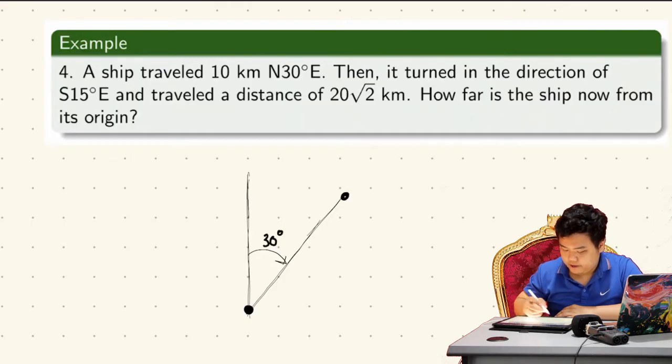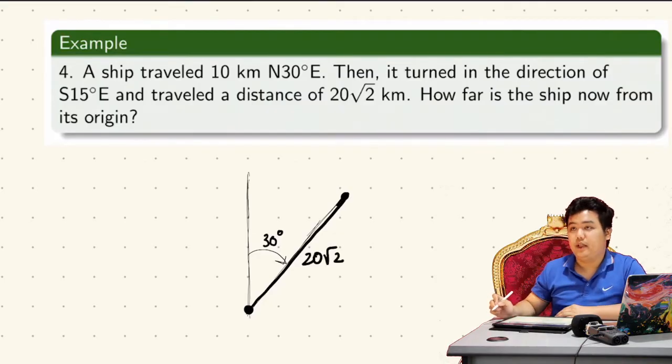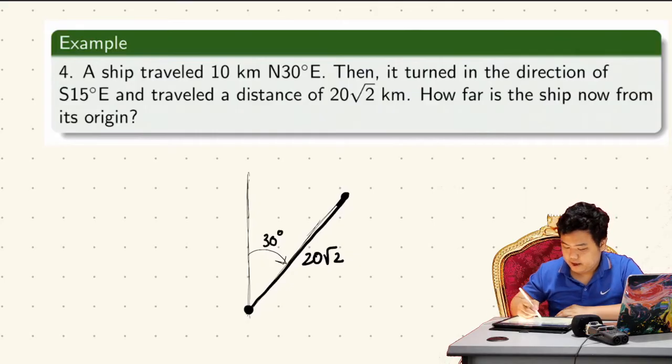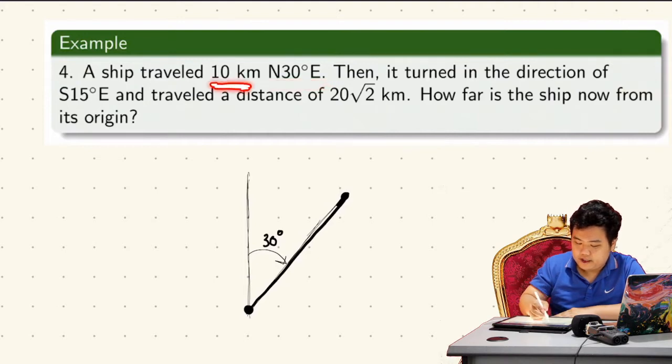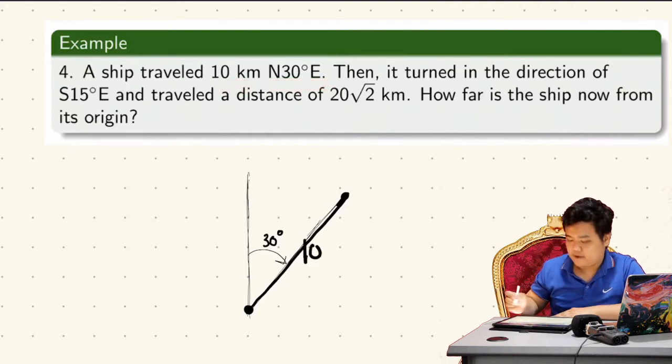And then, nandito na siya. Nag-travel daw siya ng 20 square root of 2 kilometers. And from here, nag-change siya ng direction. Naging ganito siya. Sorry. 10 kilometers lang pala yung tinravel niya. Okay. 10 kilometers. Okay. This direction, this is the distance. So, this is 10. Okay. Then, after that, nag-change siya ng direction.